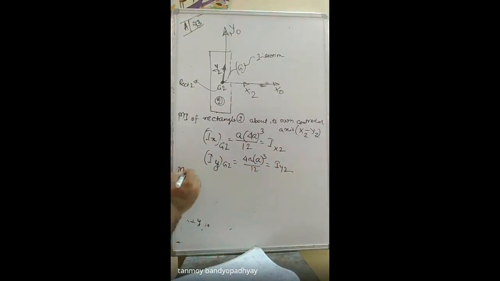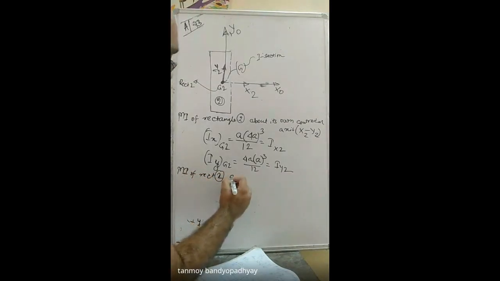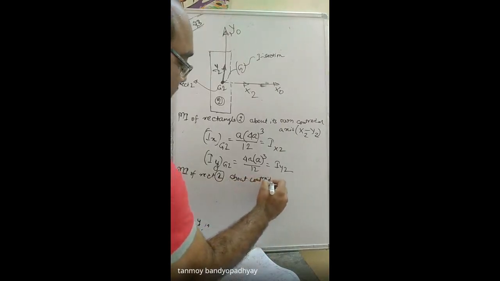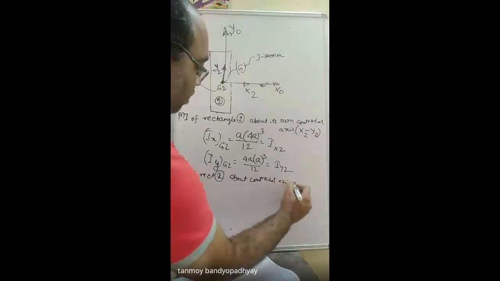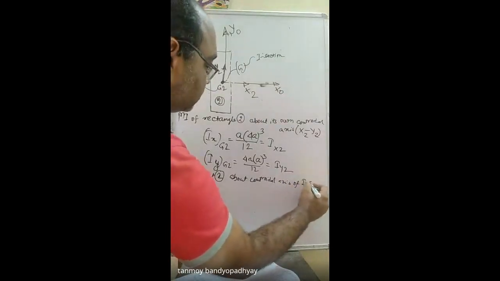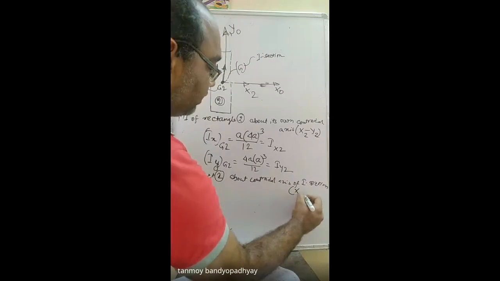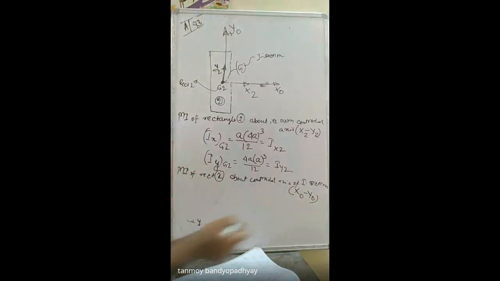Now write the MI of rectangle 2 about the centroidal axis of the I section. The axis we are referring to is x0, y0. It is coincident, so I am calling it Ix2.